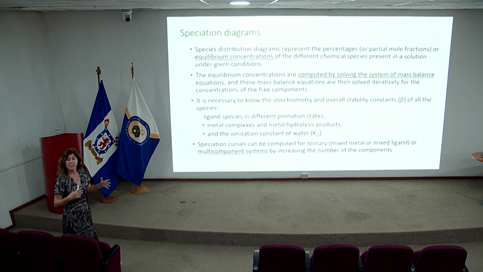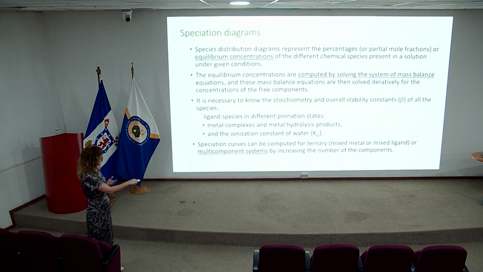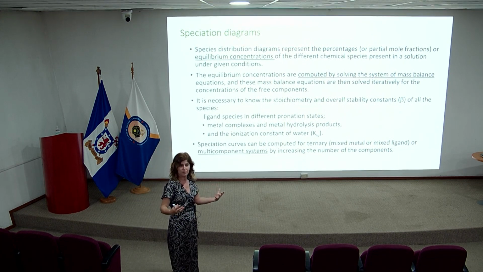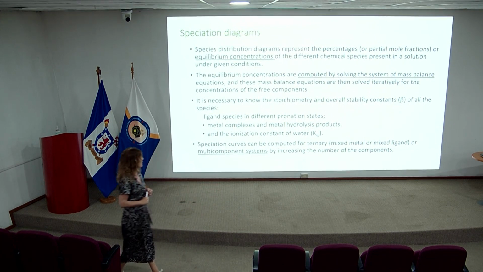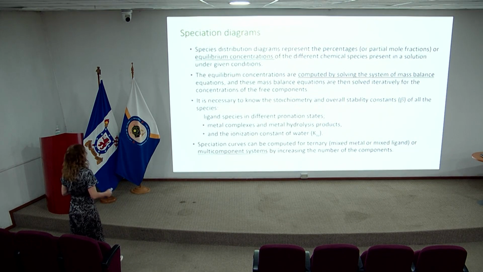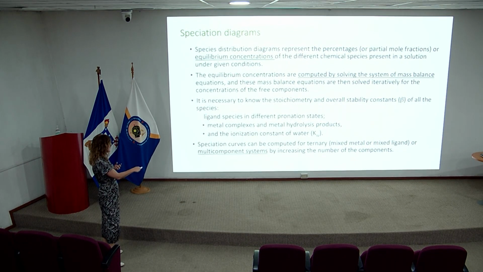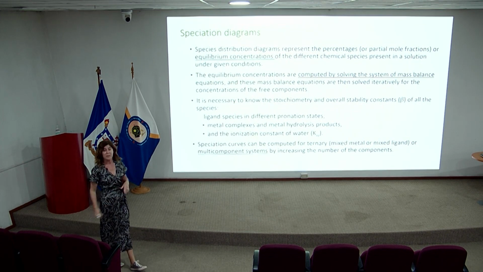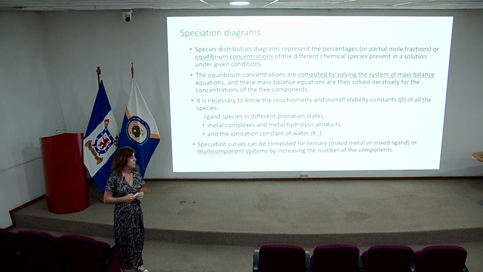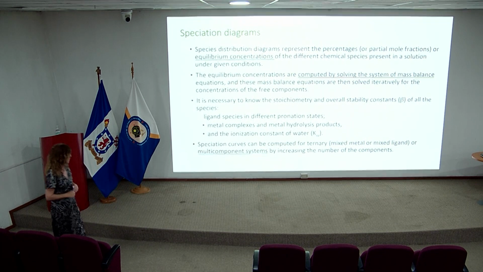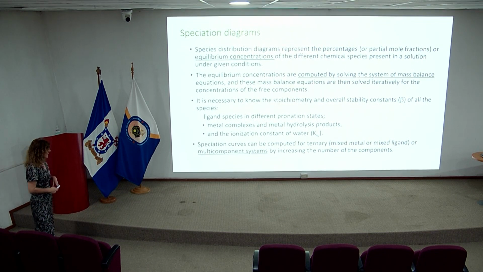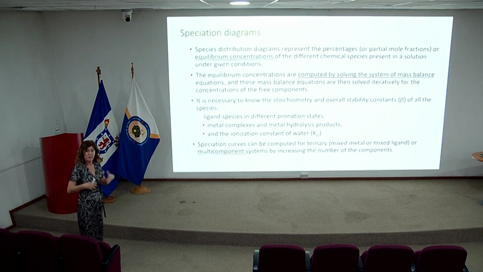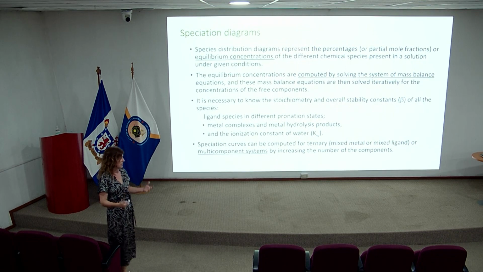The problem is that we need to know all the stoichiometry, so we need to propose a model and calculate the stability constants of the ligand species in different protonation states, the metal complexes and its hydrolysis products, and also the ionization constant of water. And then, having all this information, we can model any system, complicated systems.